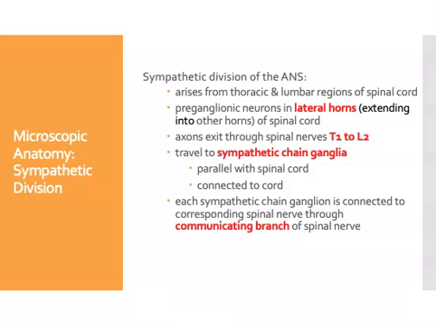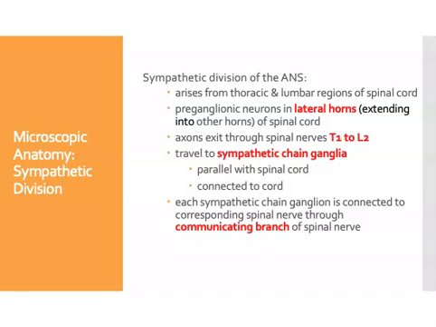If you recall when we talked about spinal cord anatomy, we said the gray matter was located in the center of the spinal cord and arranged in horns. We looked at the anterior horns and the posterior horns, and we said that there were lateral horns, but only in a certain region.